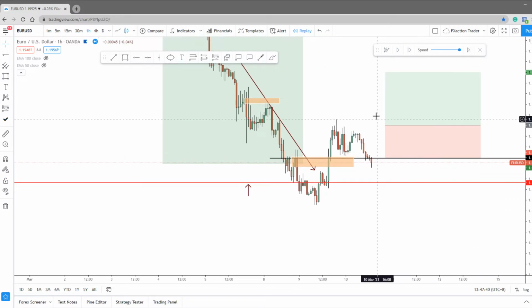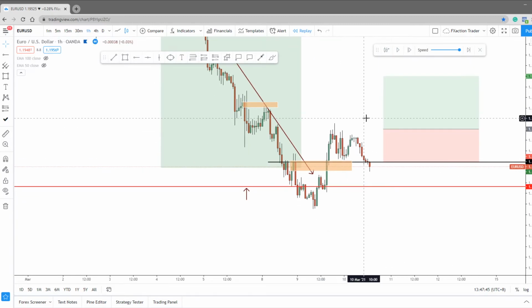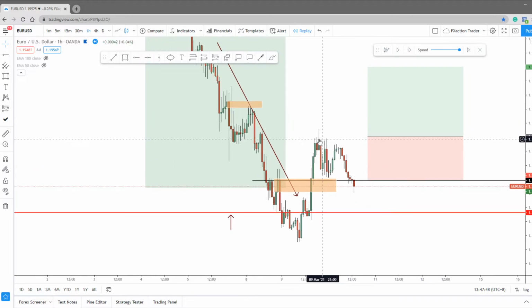So here, market is likely to do a deeper pullback to the upside, and we are going to look for some very quick buy signals for this pullback.